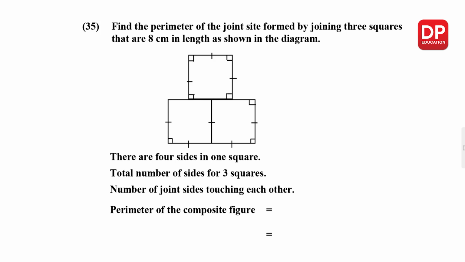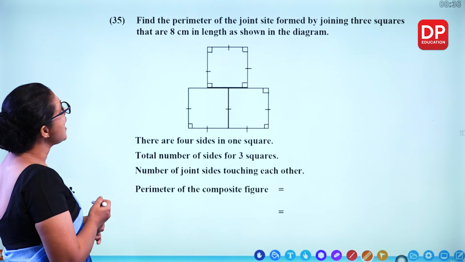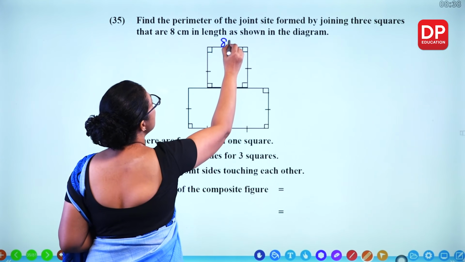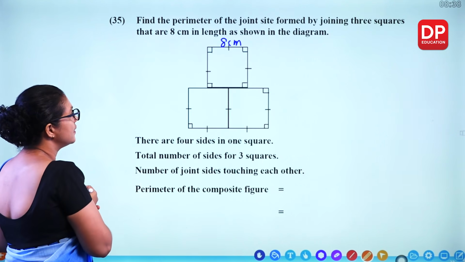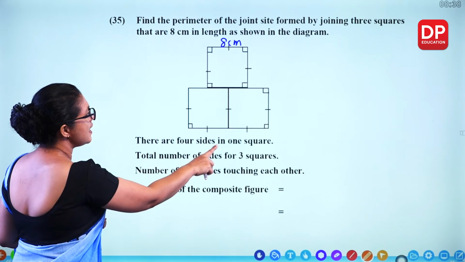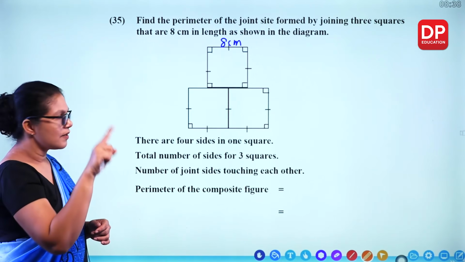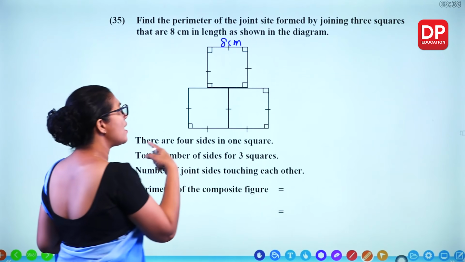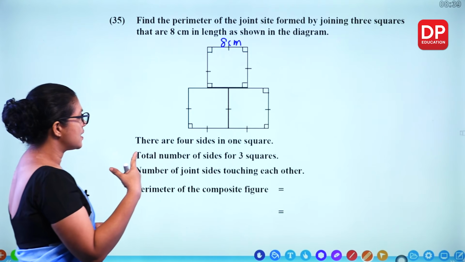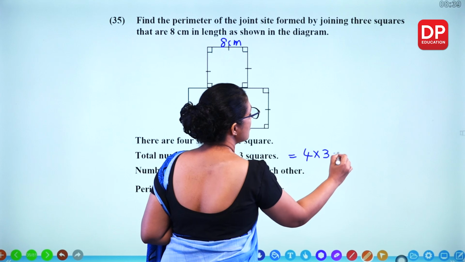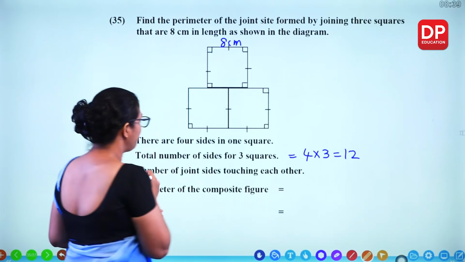Find the perimeter of the joint figure formed by joining three squares that are 8 centimeters in length. All sides are 8 centimeters. Now this is the combined figure. There are 4 sides in one square. Total number of sides for 3 squares, 4 times 3, that's 12. 12 sides are there.